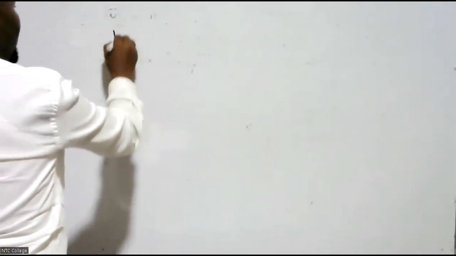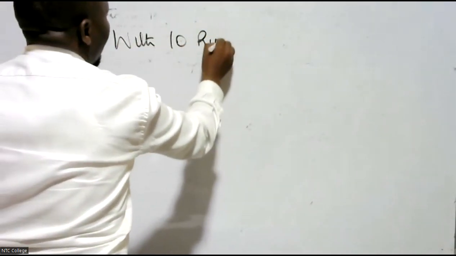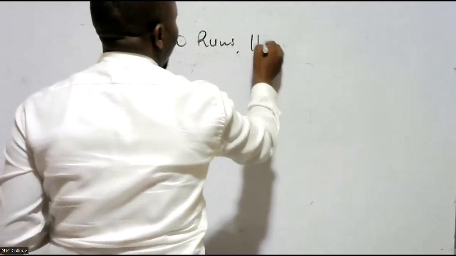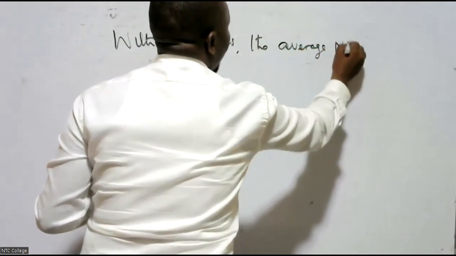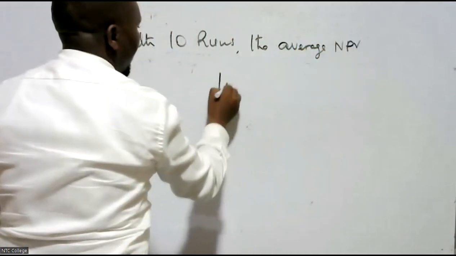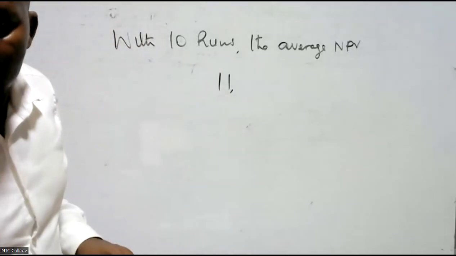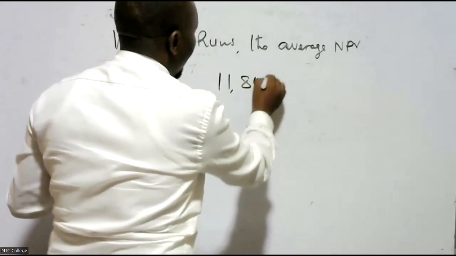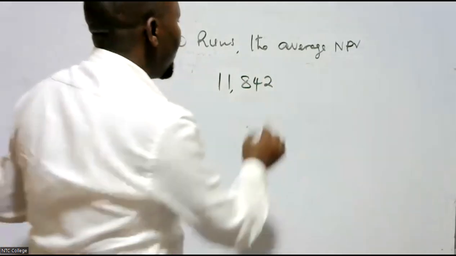So you say that with the 10 runs, the average NPV is 11,842,050.